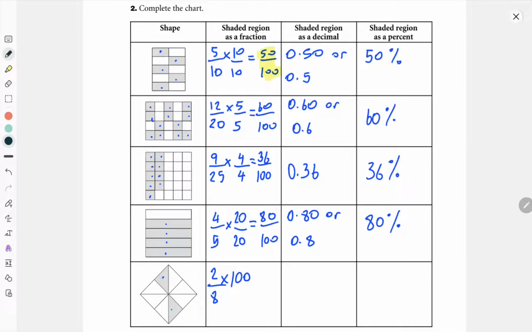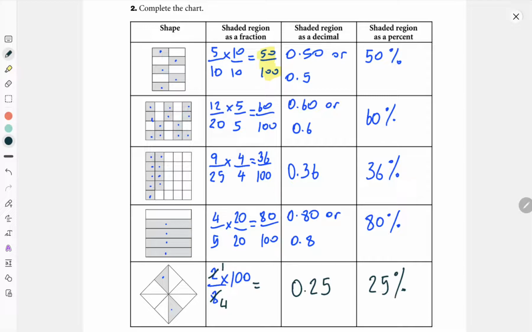Okay, now let's see what can simplify. 2 will change to 1, 8 will change to what guys? 8 will change to 4, right? 8 will change to 4. Now 100 over 4 is equal to 25%, right? Is equal to 25%, and the shaded region as a decimal will be 0.25, right guys?